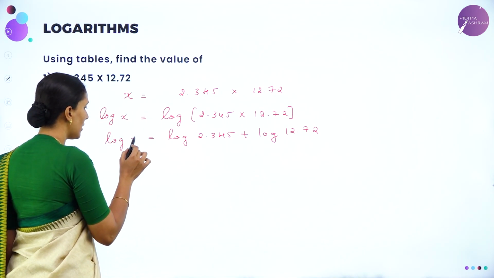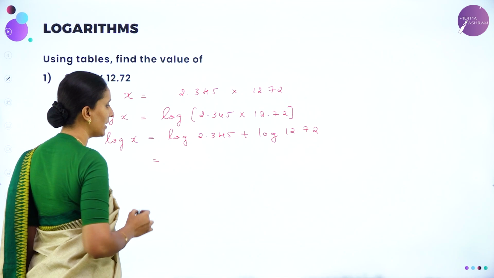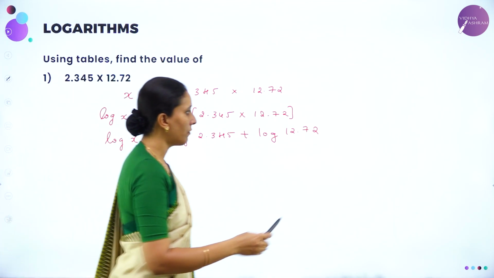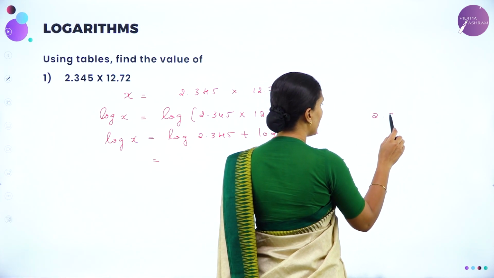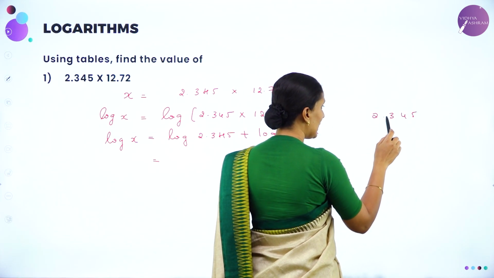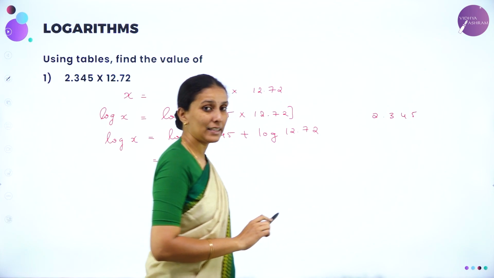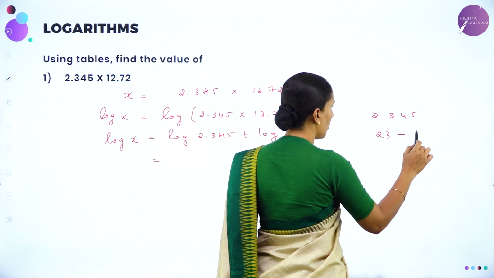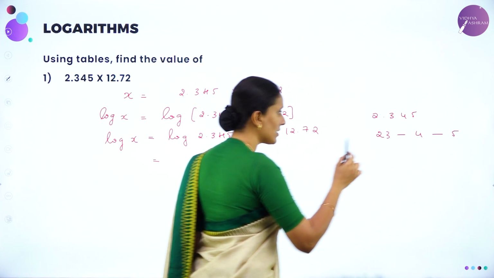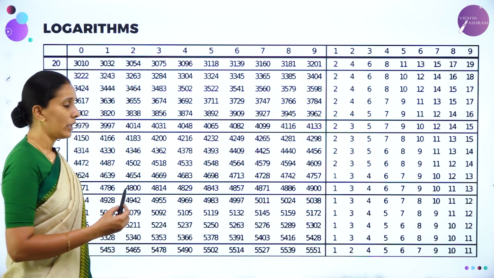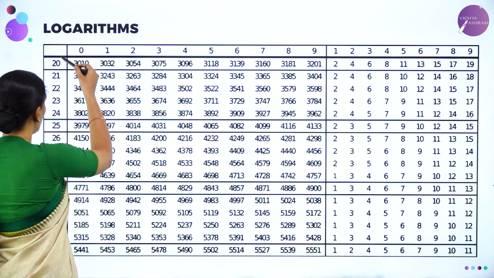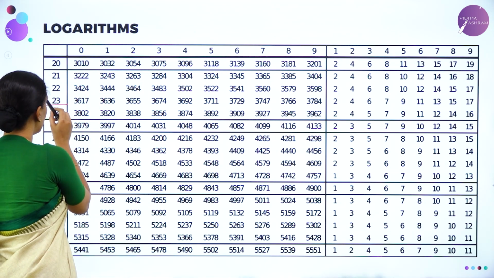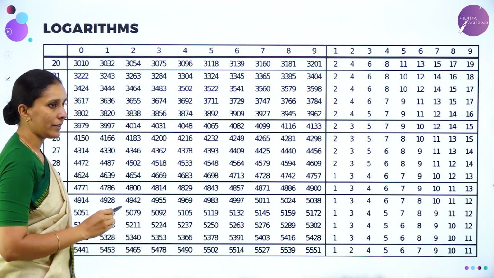Now we will evaluate this. On the left hand side we have log x. Now let's find the value of log 2.345. Neglect the decimal point here when you are finding the log, so we separate this as 2345. Now let's find the value. In the log table, move towards the first column and note 23.